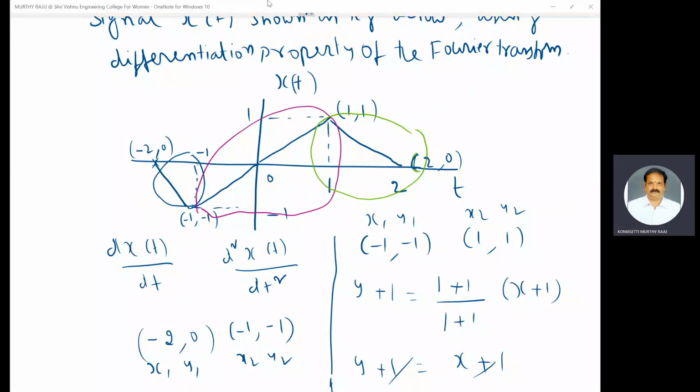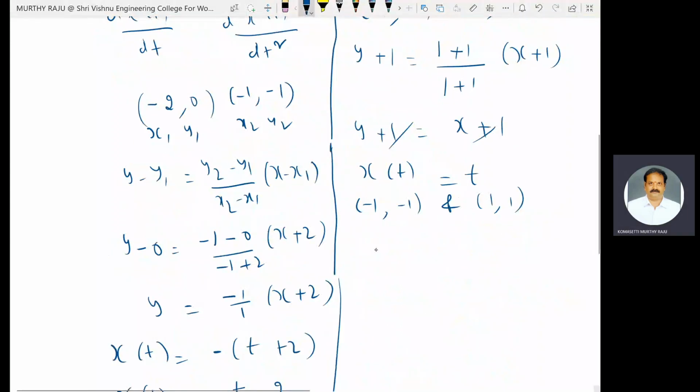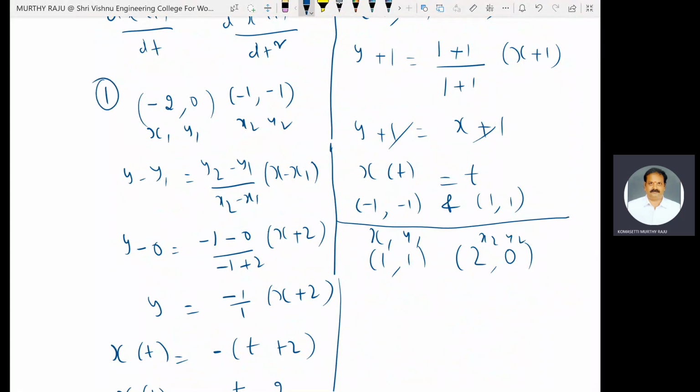Again consider these two, 1, comma 1 and 2, comma 0, with x1, y1, x2, y2. Up to this is for the second one.